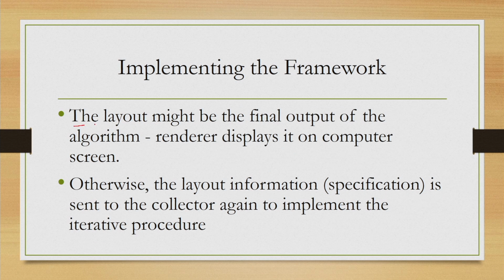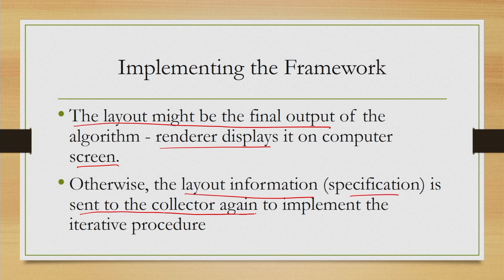Now, this layout may be the final output. So, the renderer displays it on the computer screen. Otherwise, the layout specification is sent to the collector again to implement the iterative procedure. So, the renderer needs to decide whether to display the layout as the final layout or not display it and let the collector take over again to implement the iterative procedure.